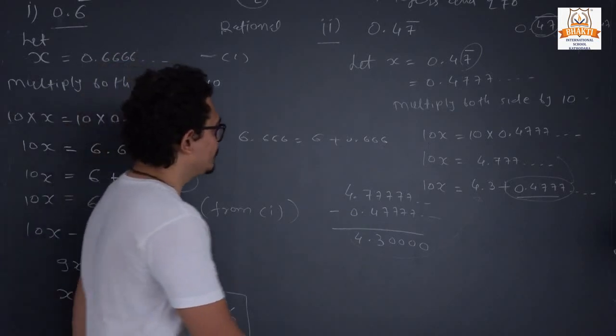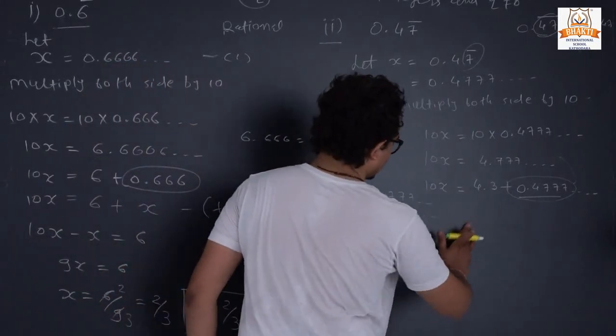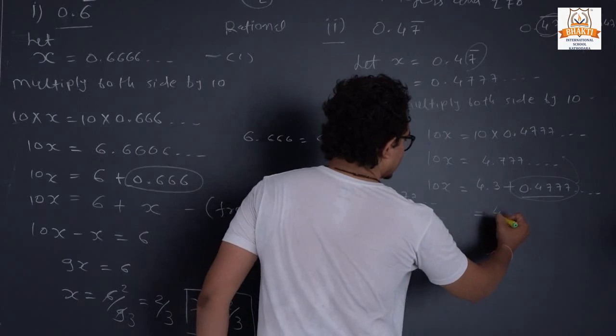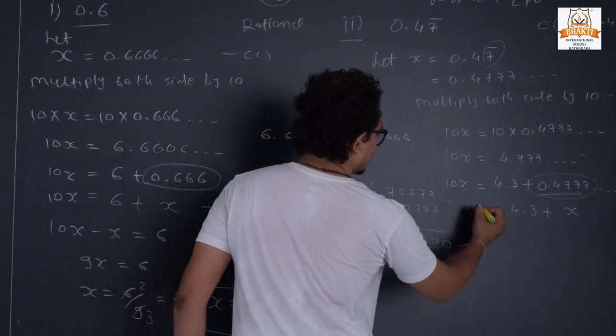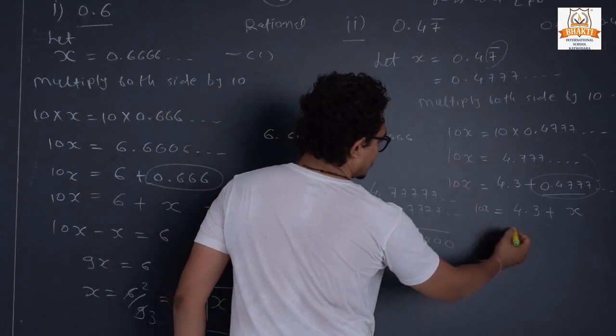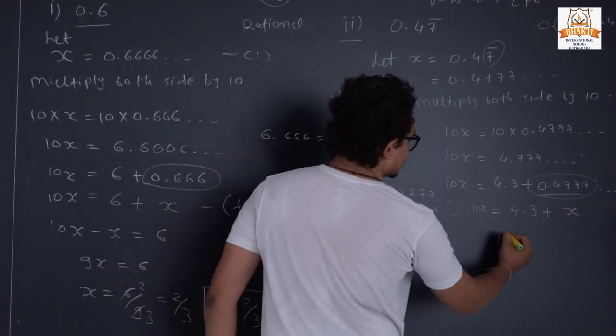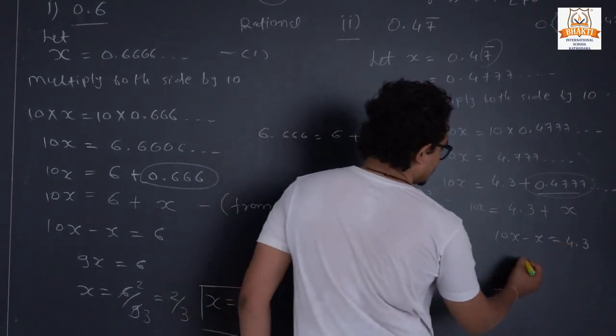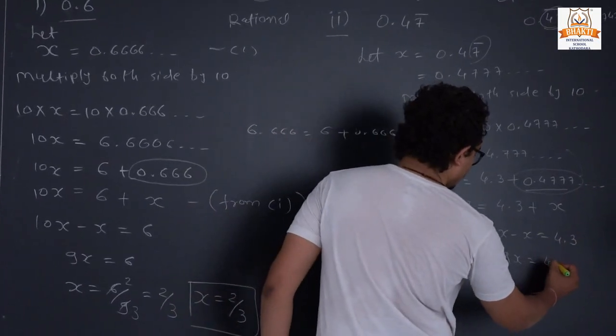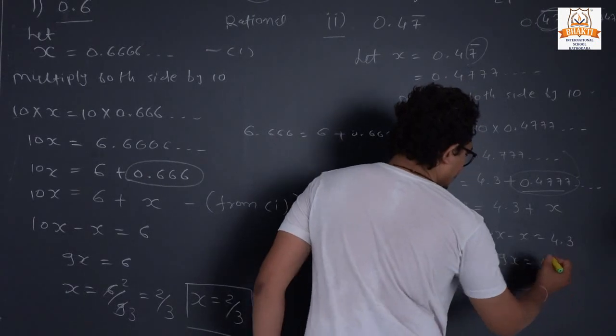So now, here 4.3 plus x, and here we have 10x. Now x goes to the second side, so 10x minus x will be 4.3. So 9x is equal to 4.3.